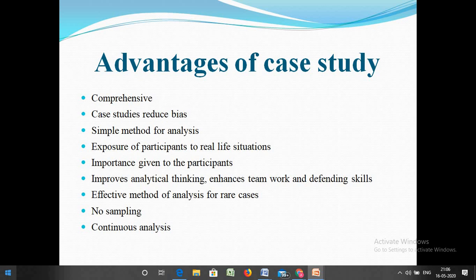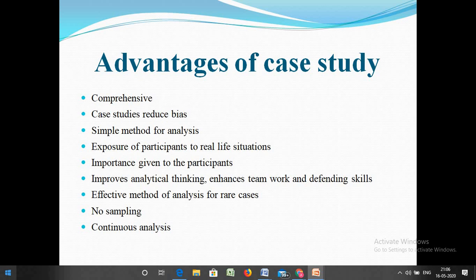The results of case studies also relate directly to the everyday experience of the average reader, and at the same time, this method facilitates the understanding of complex real-life situations.